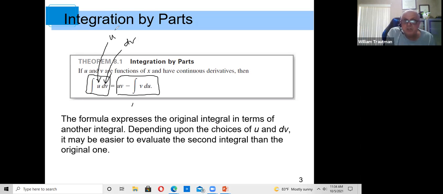If you have u, then you have to take the derivative of it to find du. If you have dv, you integrate it to find v. And once you have all 4 of these, you just plug them into the formula. And then you'll still have to integrate this part.